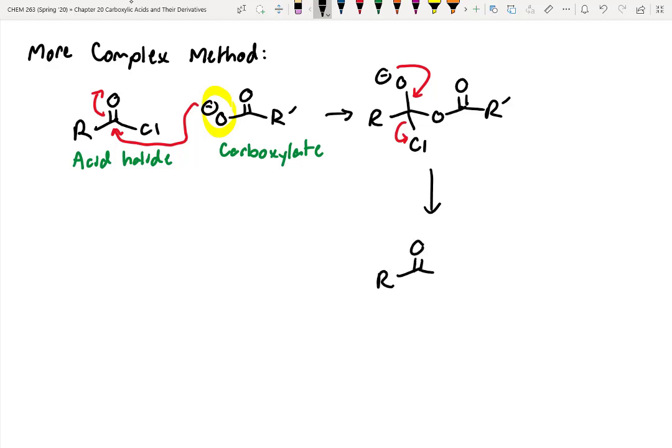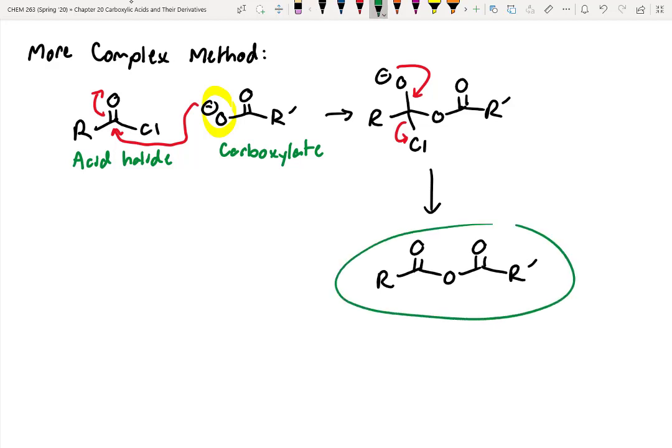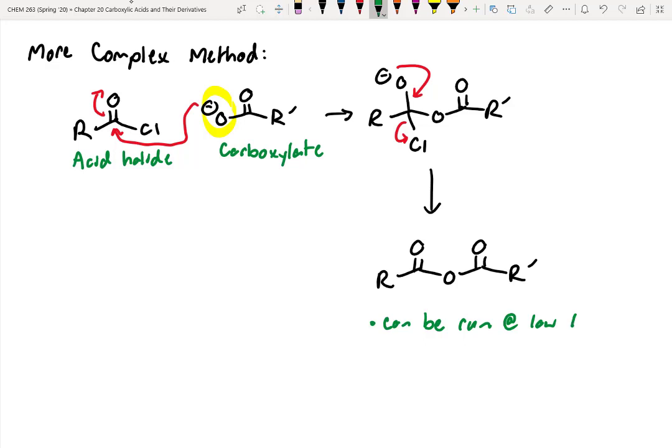By doing this, we no longer need to worry about running the reaction at a really hot temperature. This can be unsymmetric, it could be symmetric, and it can be run at low or moderate temperatures. So let's make a list of the pros here. It can be run at low T, meaning low temperature. It can be used to make unsymmetric anhydrides.